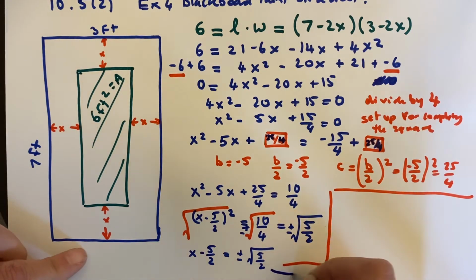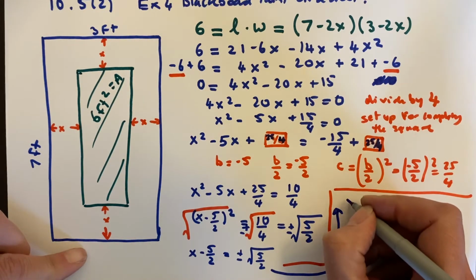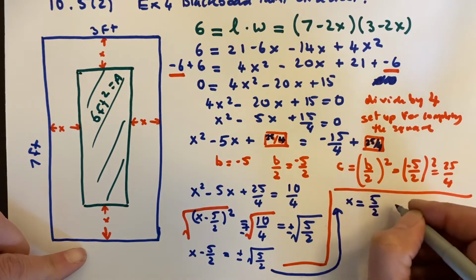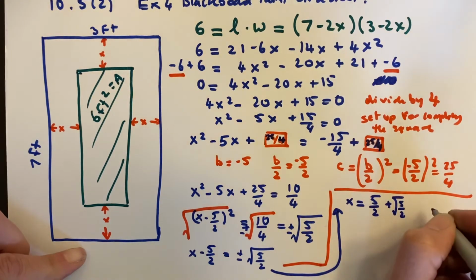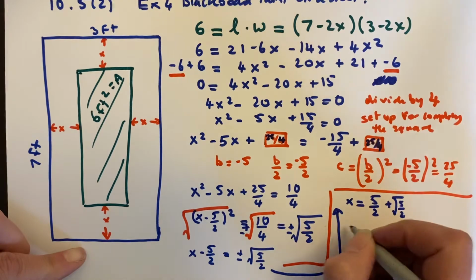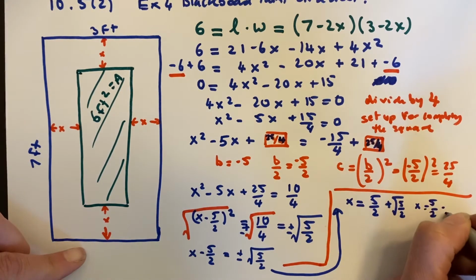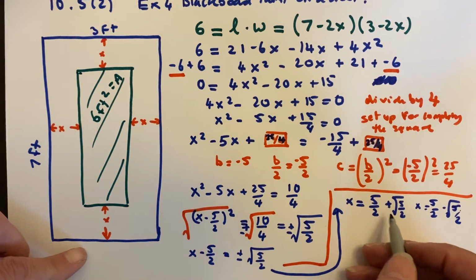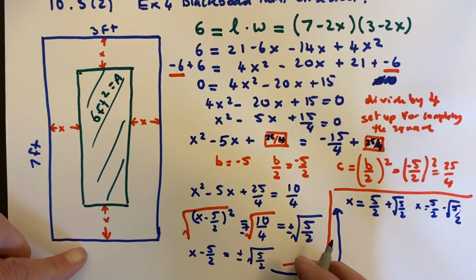So bringing this over here, that means x is two things. It's either equal to 5 halves plus the square root of 5 halves, or it's equal to 5 halves minus the square root of 5 halves.